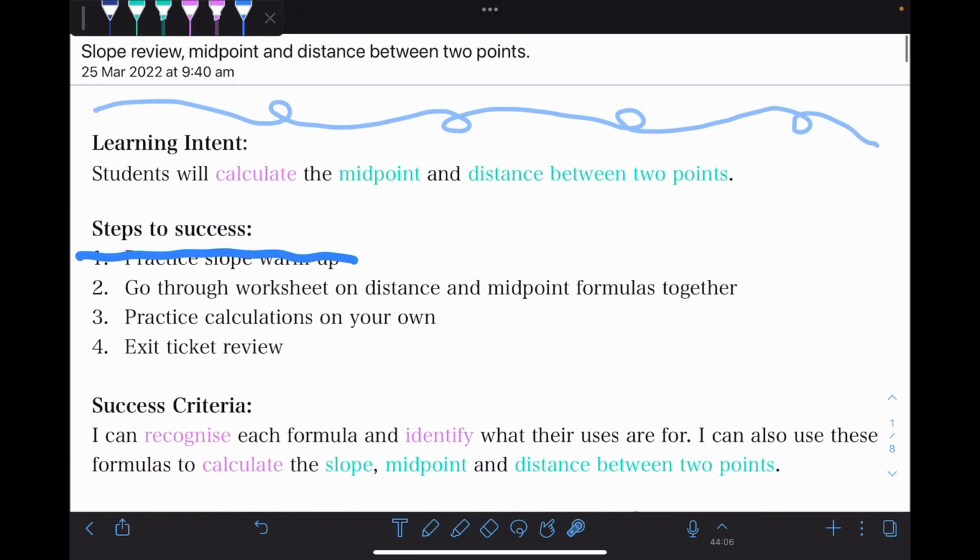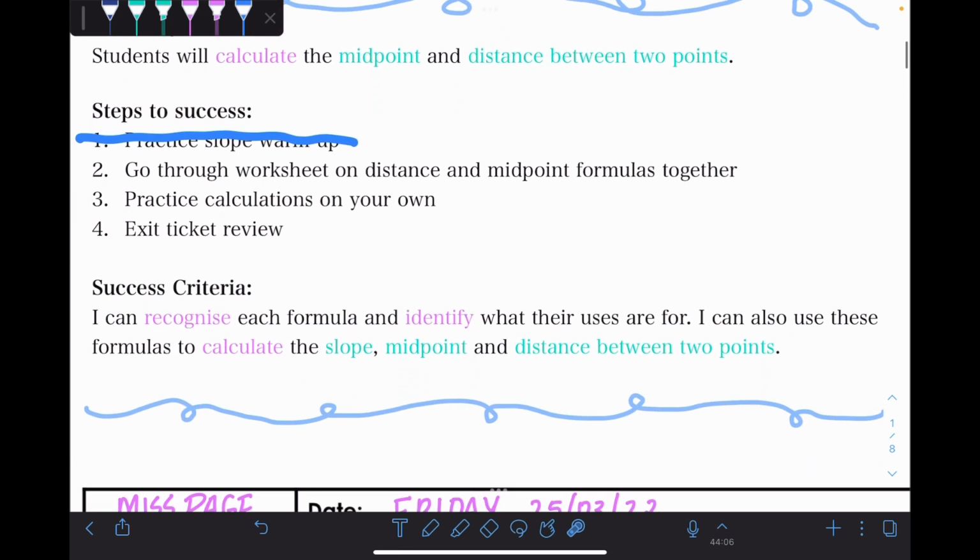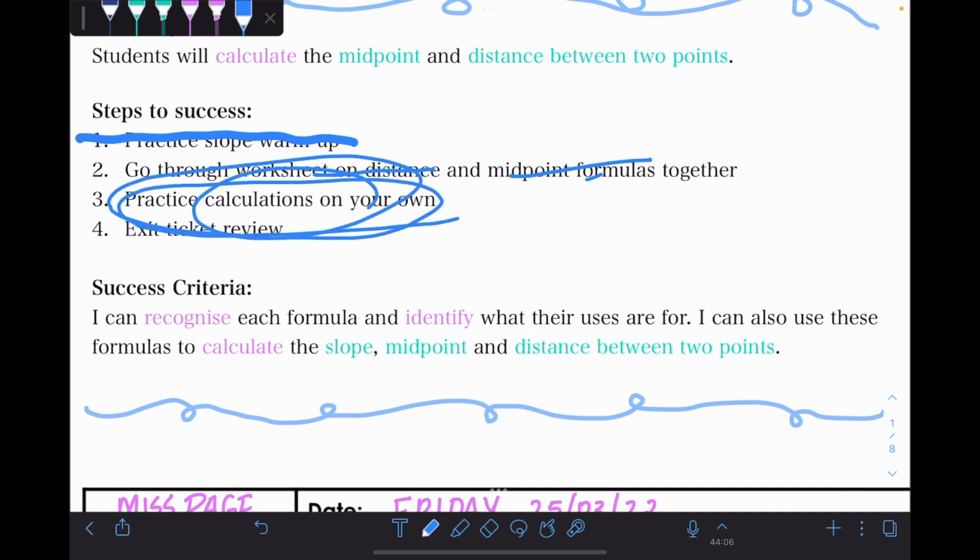And if we go back to our success criteria, we've practiced a thing, we went over our distance, and we just finished looking over our midpoint formula. Hopefully you're doing this on your own, because practice makes perfect.